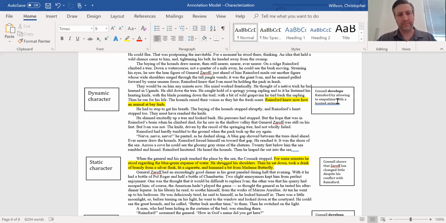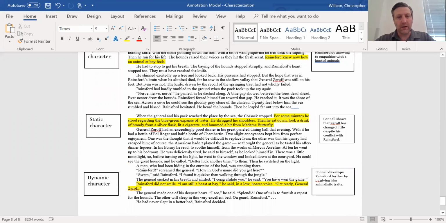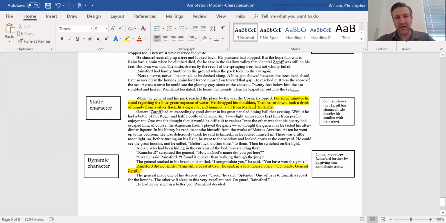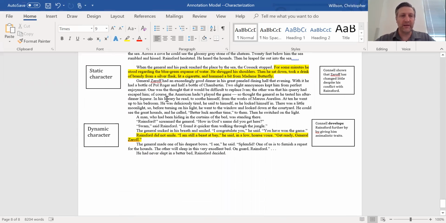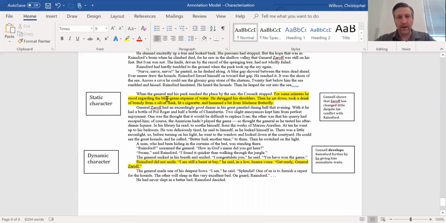All right, then after Rainsford jumps into the sea and the general feels like he's probably won the hunt, didn't actually capture his prey, but he at least has won because Rainsford has jumped into the sea. He hasn't changed much.